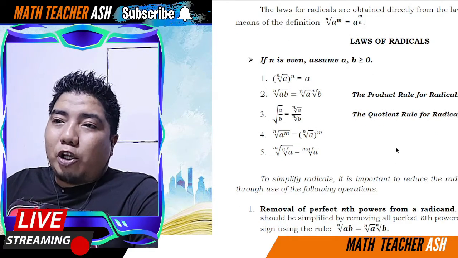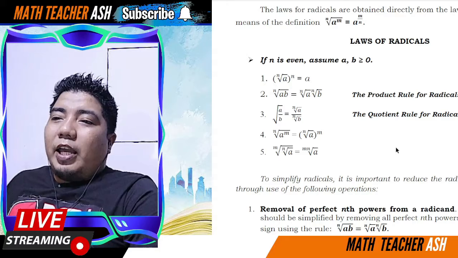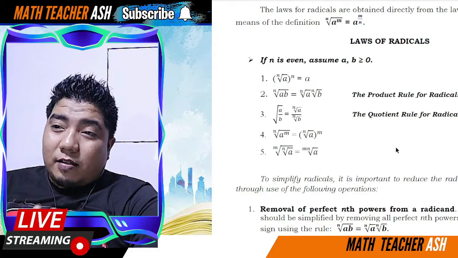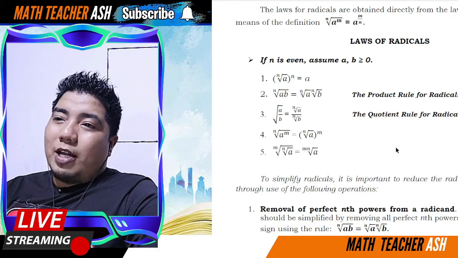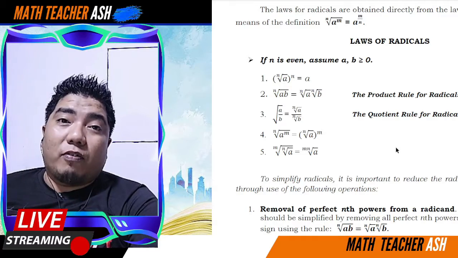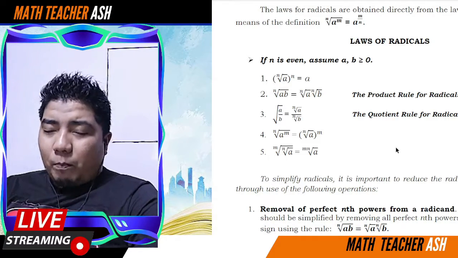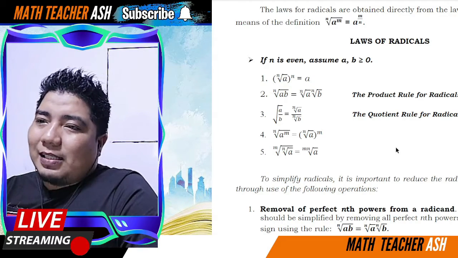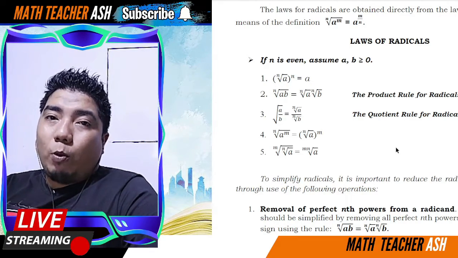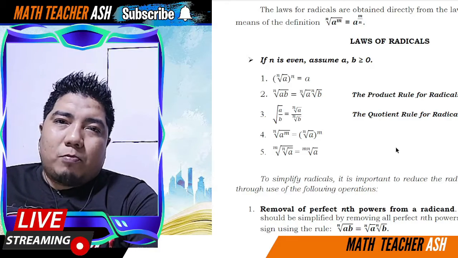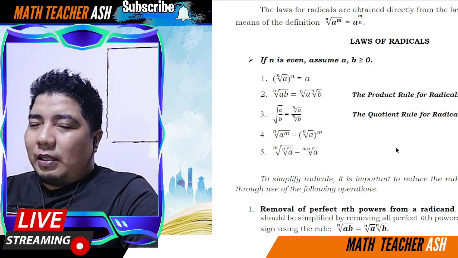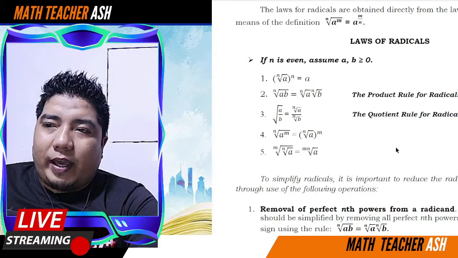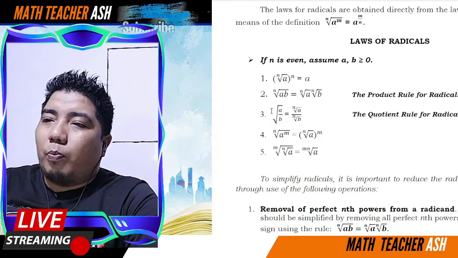Now, in terms of fractions, like this one, number 3, we have the nth root of A over B. Of course, pwede mo din yan siyang gamitin as the same as the number 2. So, pwede mong paghiwalayin ang radical symbol, giving you the nth root of A over the nth root of B. So, pwede yan sila.